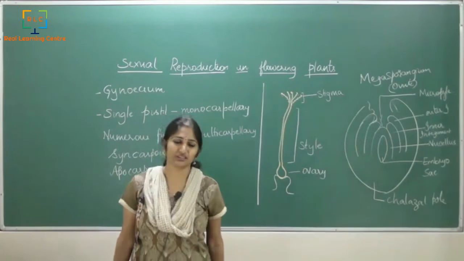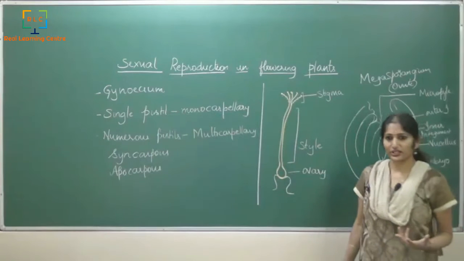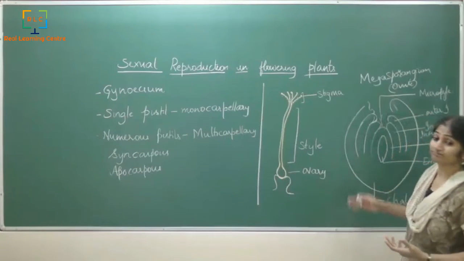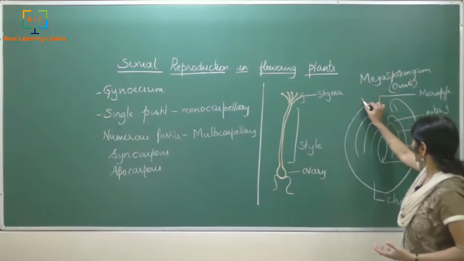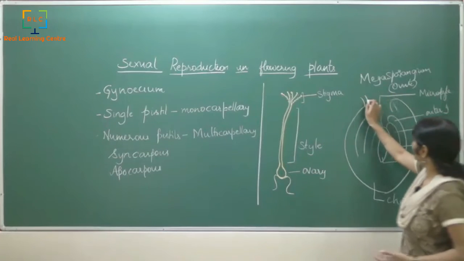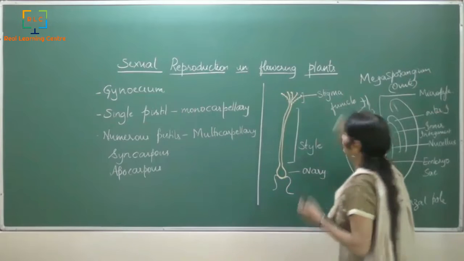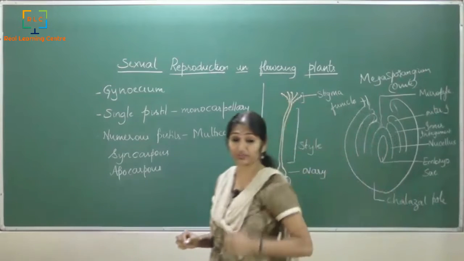But placenta is a term we generally use for animals, whereas in plants it is attached to the ovary through a small pipe-like structure, which we call the funicle.